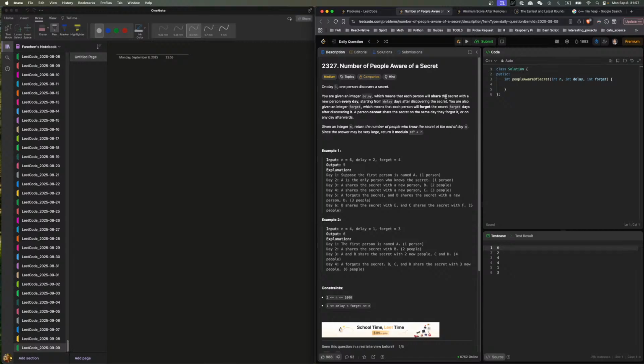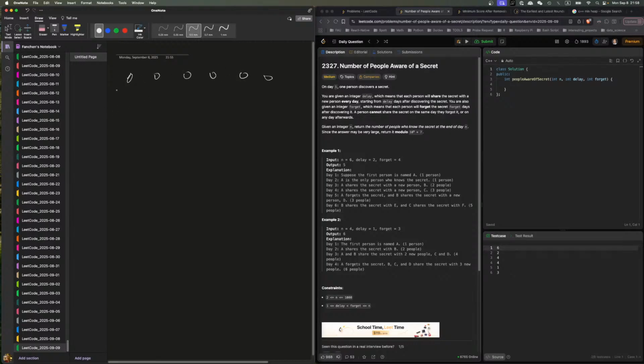Each person will share the secret with a new person, one new person every day, starting from delay days. So n equals 6. On day 1 we have one person. So we have days 1, 2, 3, 4, 5, 6, and this is people.